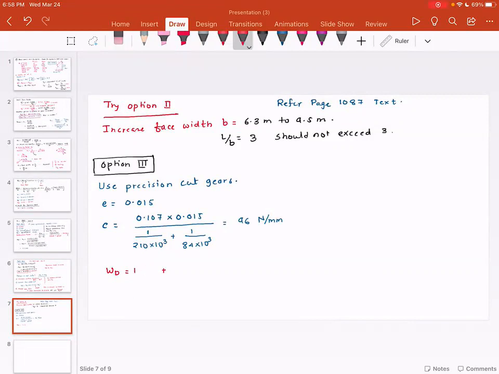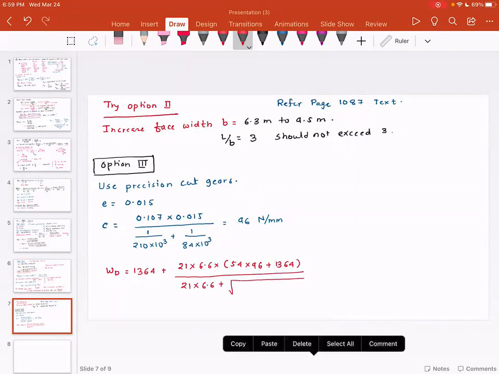I will just write this down. 1364 multiplied by (21 × 6.6 × 54 × 96 + 1364) divided by (21 × 6.6 + square root of 54 × 96 + 1364), which is equal to about 5.5 kilonewton.